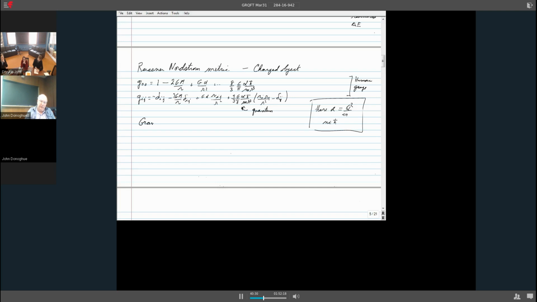But by making that choice, it allows h bar counting, because here's the classical piece with no h bars, and here's a piece with h bar. One of the things you see here is that this correction is the same order as the classical pieces, and that's because gravity is classical here.